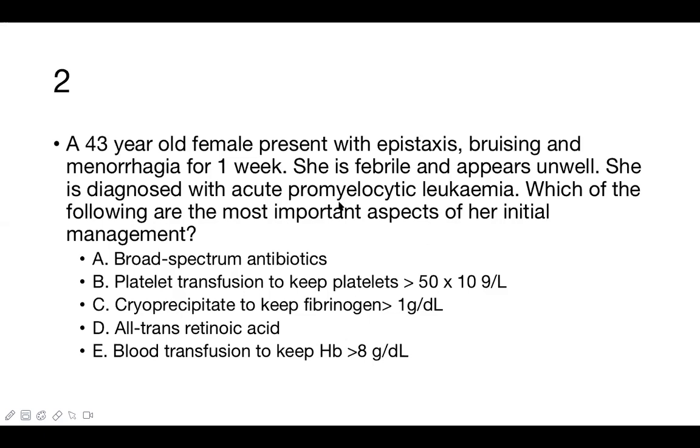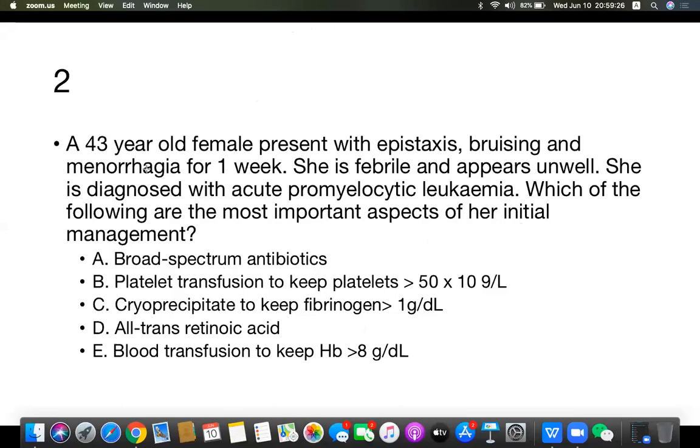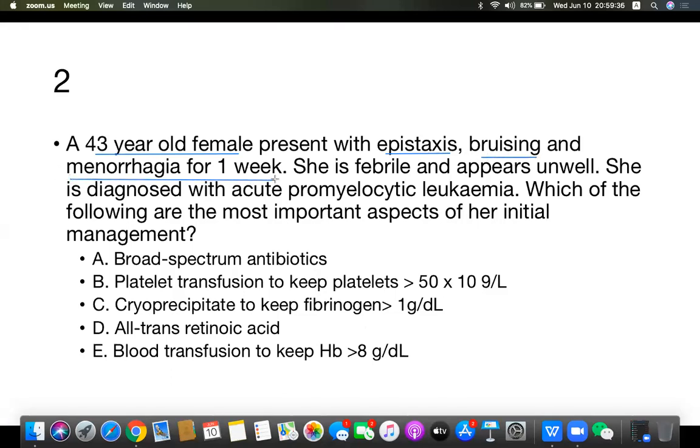Now see, we have to diagnose this case first, then you can choose the treatment. Now let's analyze this. She is a 43-year-old female presenting with epistaxis, bruising, and menorrhagia for 1 week.